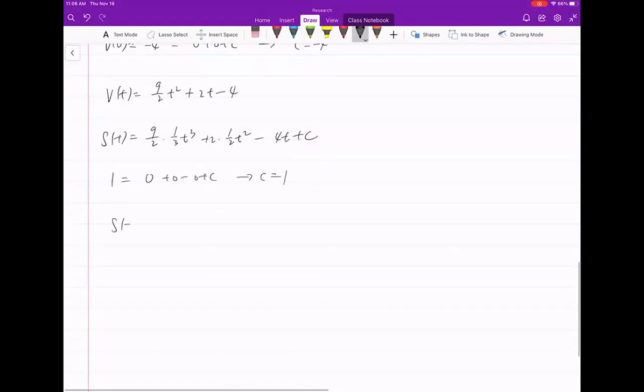So finally, s(t) is this plus 1. Okay, that's how you actually do the antiderivatives.